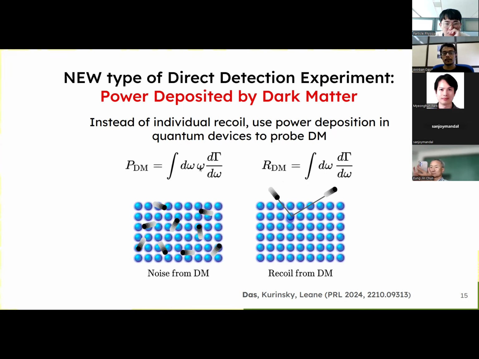But in this case, we do the same integral, just adding one factor of energy. That gives us the total power. So we are not looking for individual recoil signals. We are looking at the collective power deposition by multiple scatterings of dark matter particles inside the detector.